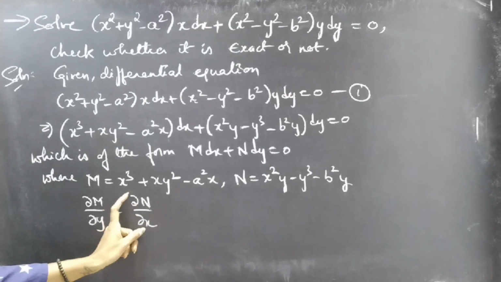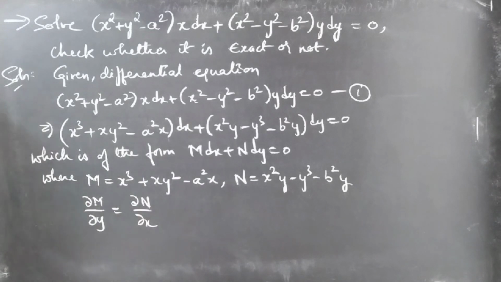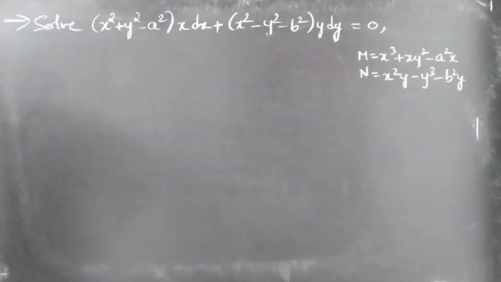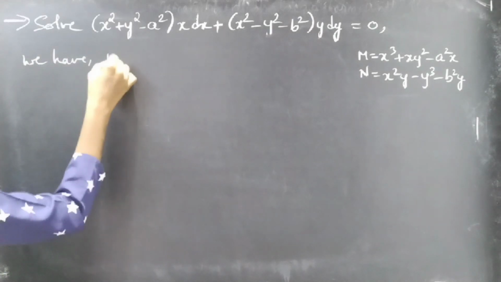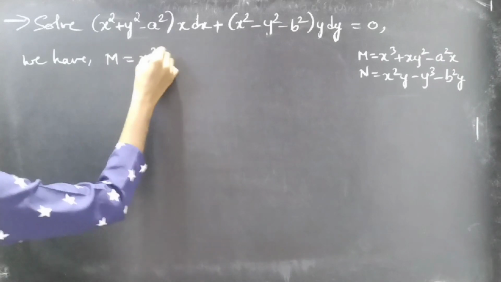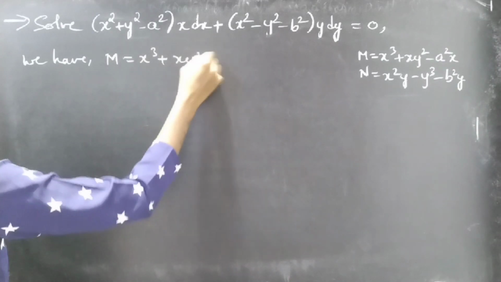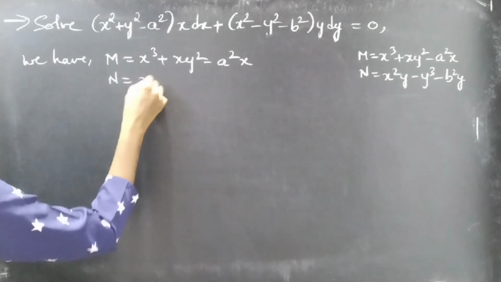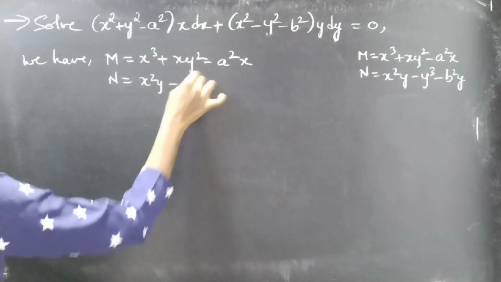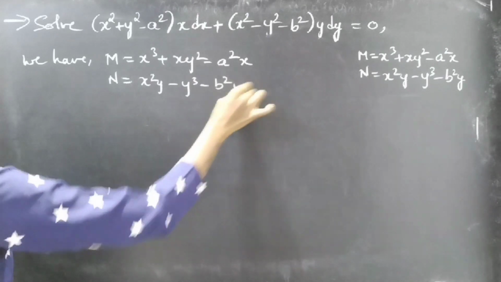So here we'll treat y as constant. Now let's find partial derivatives of M and N. We have M equal to x³ + xy² − a²x, and N equal to x²y − y³ − b²y.